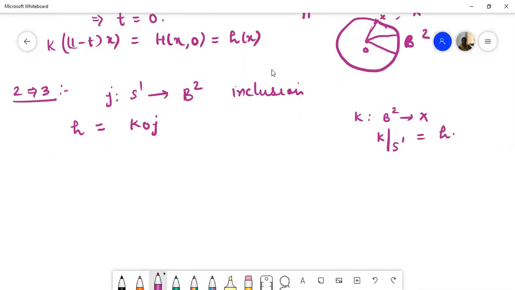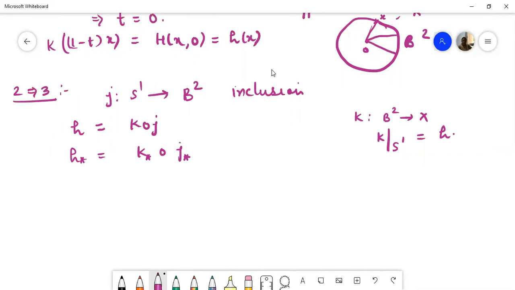So h is a mapping from S1 to X, and k circle j is also a mapping from S1 to X. And since j is the inclusion map, j restricted to S1 is just the identity, and k restricted to S1 is equal to h. So we can say h is just the composition k circle j. So it means h star is k star circle j star.